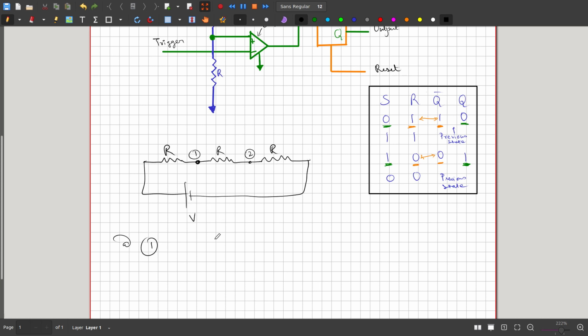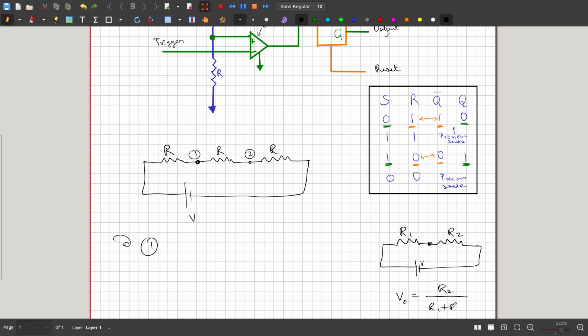According to the voltage divider formula, if we have two resistors, R1 and R2, then the voltage across R2 equals R2 divided by R1 plus R2, into V in, the input voltage.